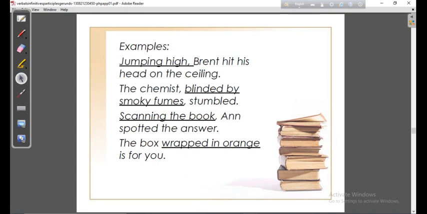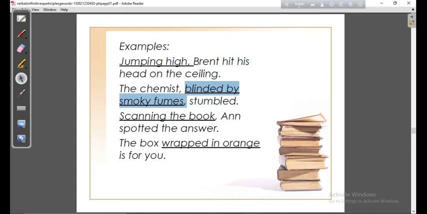Jumping high, Brent hit his head on the ceiling. So jumping high, this is the present participle. The chemist, blinded by smoky fumes, stumbled.